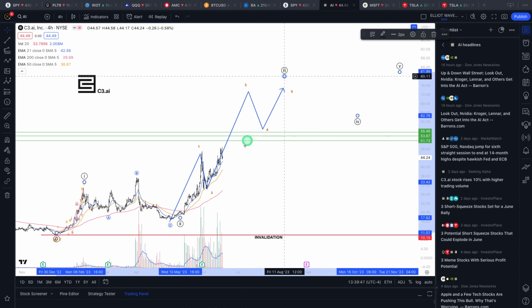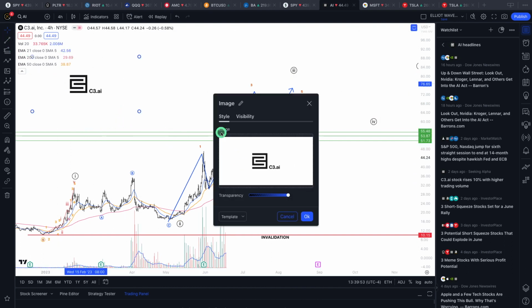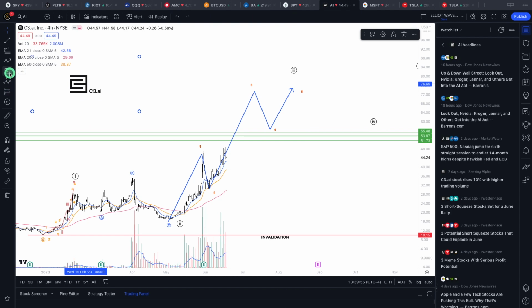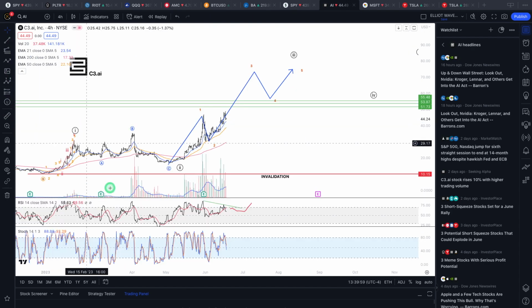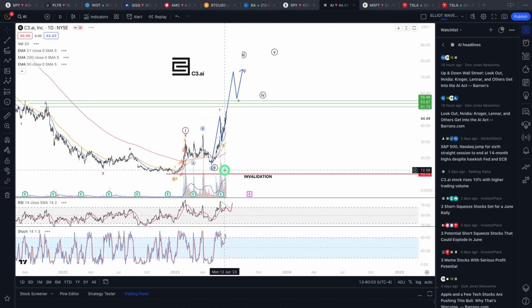Now, there's a lot of evidence to support that as well, including the stochastic, which is an indicator I like to use. This is on the 4 hourly, but I will go to the daily.